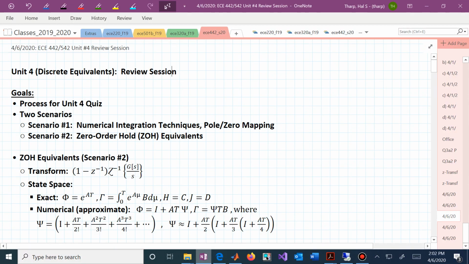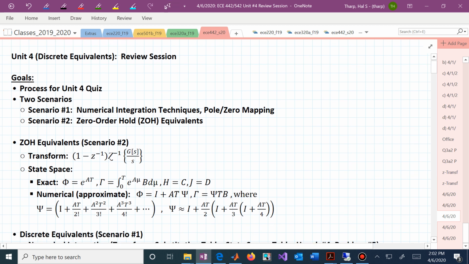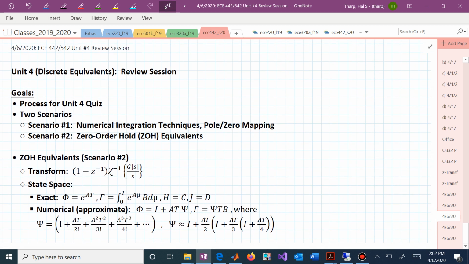442-542. This session is a review for unit number 4, which is dealing with discrete equivalence, and maybe this title is misleading. Maybe what we should say, or have been saying, is discrete approximations.